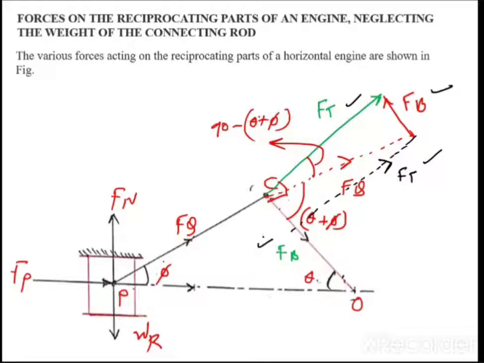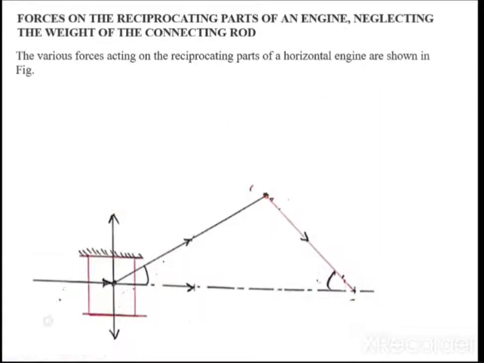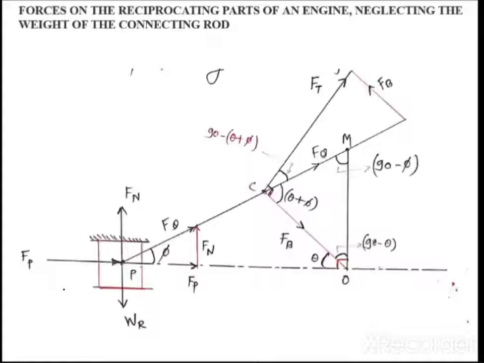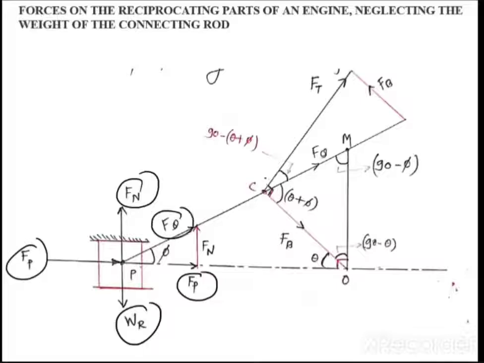Okay, so this is called a force analysis diagram. Now I will show you the final diagram here. See again FP, Fn, WR. So this is again FP. I am showing FQ. FQ is converted into the FT, right? Then this will be FB obviously.